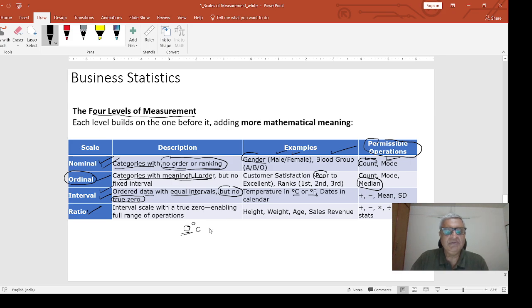No. Basically, it is a relative term: this particular temperature, which is very close to what cold is, or very cold, is termed as 0 degrees Celsius. It doesn't actually have an absolute value.